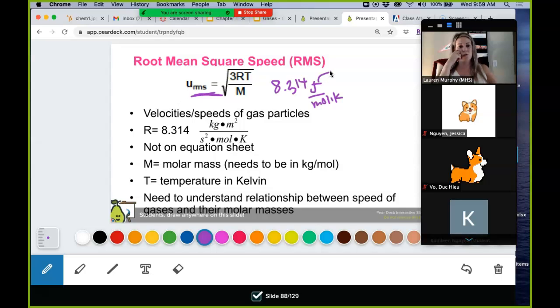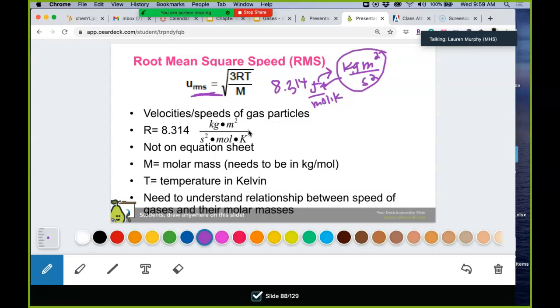So I know you don't know this, but I'm going to tell you a joule is the same thing as a kilogram meter squared over second squared. So what they've done is they've taken this whole term and plugged it in right here, and that's where they get this kilogram meter squared per second squared over mole Kelvin. Again, this is not on your equation sheet. You do have to be careful of a few things.